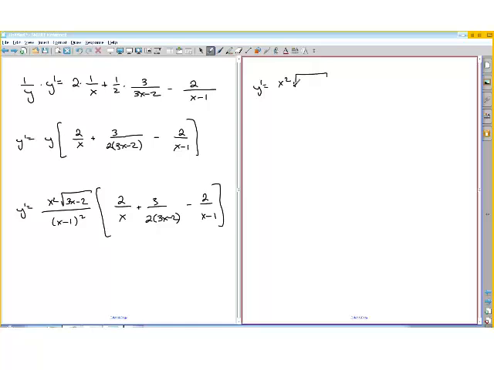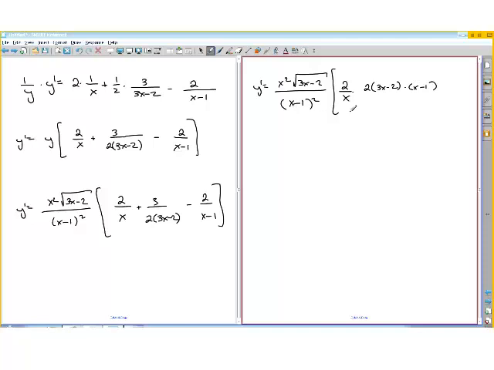So we have our y term here out in the front. Okay, so that's the inside term. Then we'd have 2 over x times, so we're going to multiply by this and that. So you have 2 times (3x minus 2) times (x minus 1).